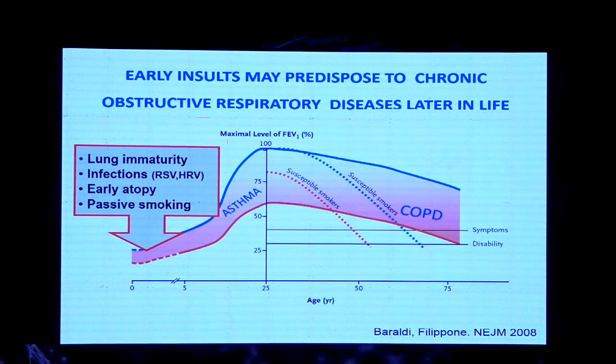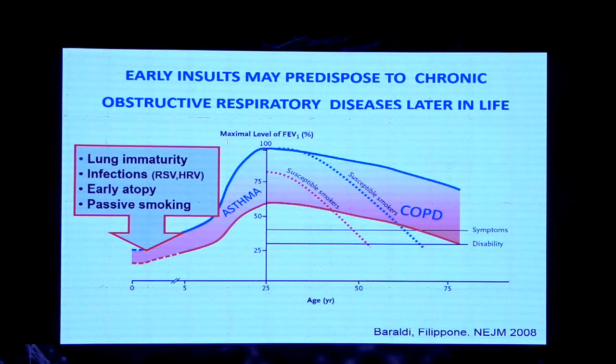Lung immaturity, infection, passive smoking, early atopy, and a number of other variables that I will take later on all of them affect the immature lung, determining that the curve of performance of these lungs will likely be lower and less long lasting than in term babies without additional risk factor.